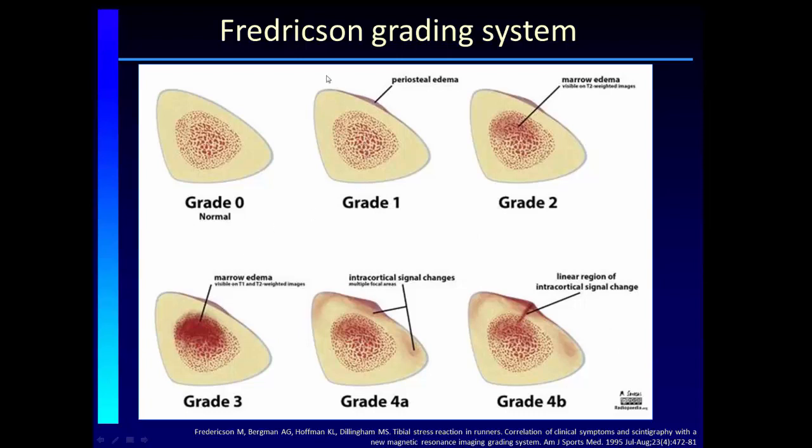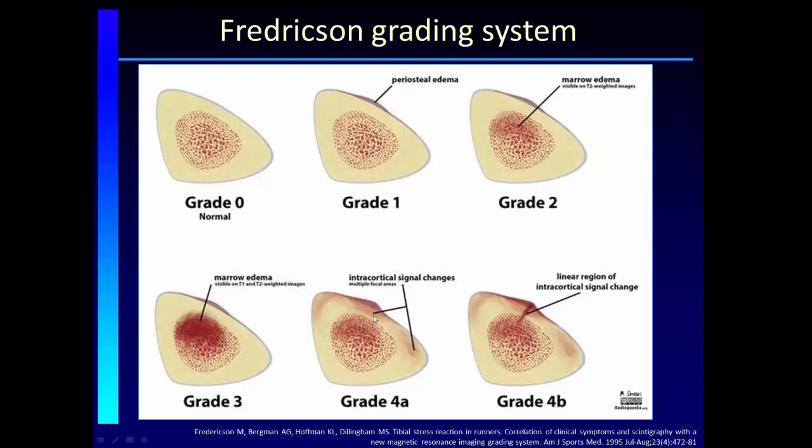The concepts are important. Early in the stage of a fatigue injury, as the surface cracking starts to take place, we will see periosteal edema on MR. Later on, the edema is visible only on the T2 weighted images, but the T1 remains normal. As that edema becomes more extensive, we will see changes on both T1 and T2 weighted sequences.